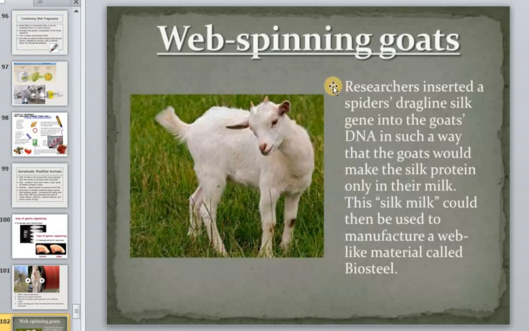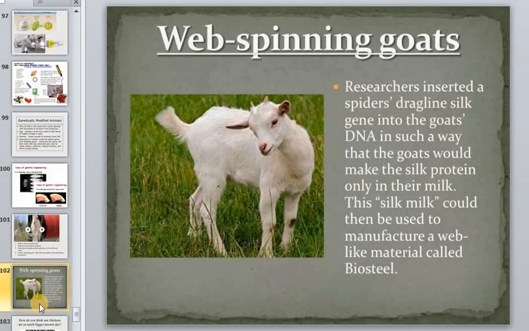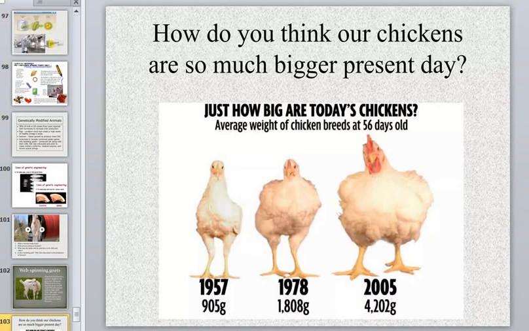Researchers inserted a spider's silk gene into the goat's DNA in such a way that the goats would make the silk protein only in the milk. This silk milk could then be used to make something very strong, a material called biosteel. But it's not all.